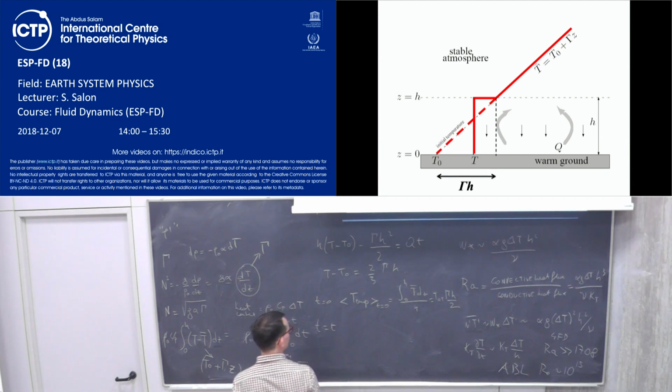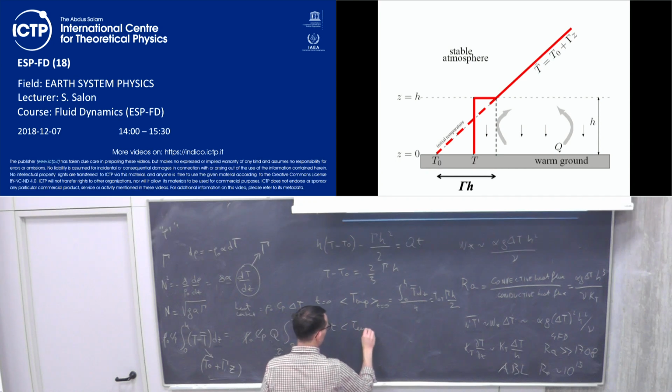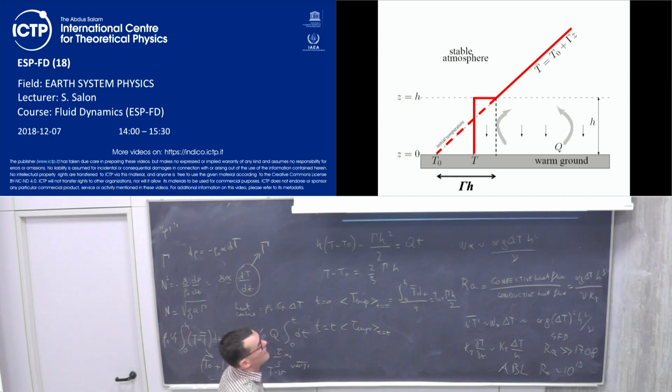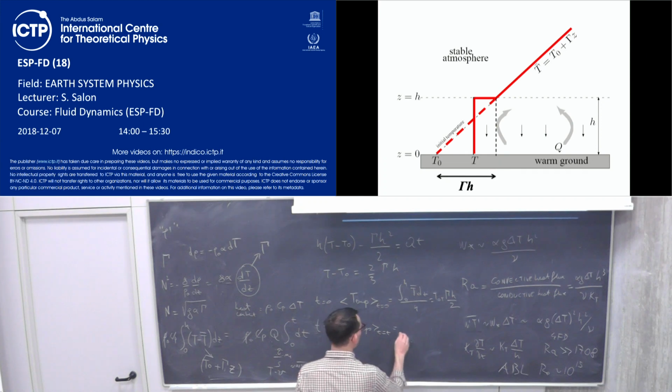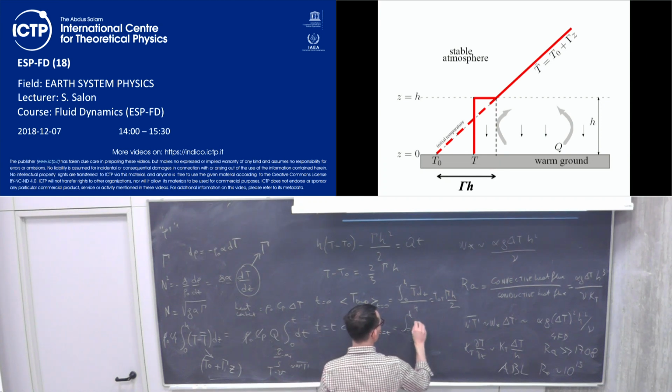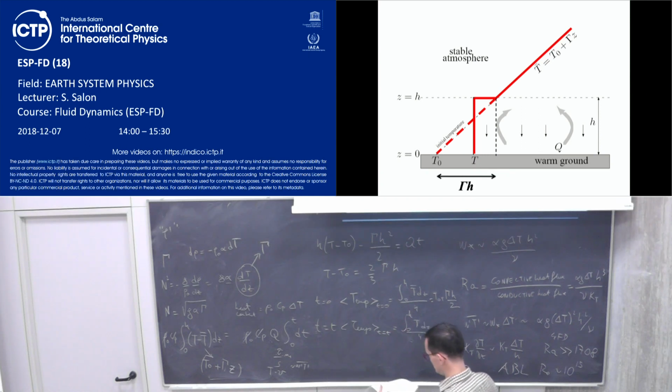If I do the same at time t, after the erosion of my stratification has reached a certain level h, this will be the integral from 0 to h of T dz over h, which is simply, so T is T0 plus 2/3 lambda h, and so I obtain T0 plus 2/3 lambda h because it's constant.